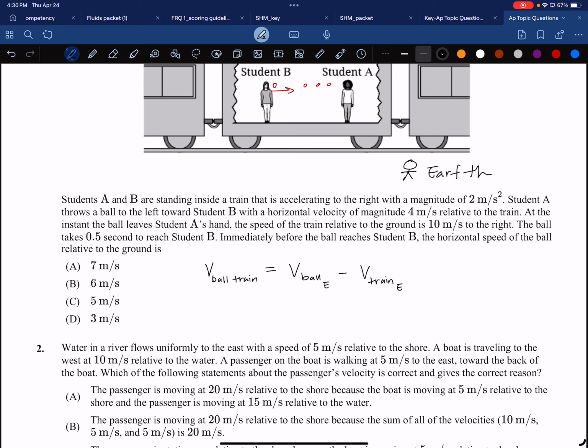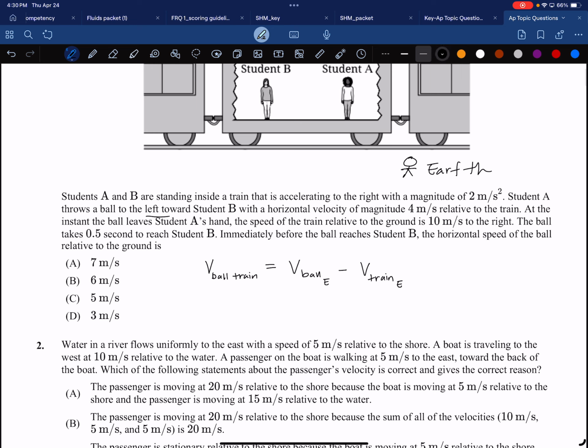So when we are looking at this problem, it says that student A throws a ball to the left towards student B. Oh, I actually drew it wrong. Okay. Student A, there we go. To student B with a horizontal velocity of 4 relative to the train.